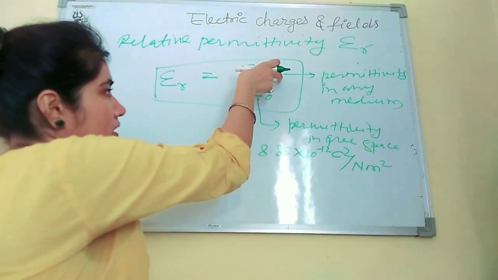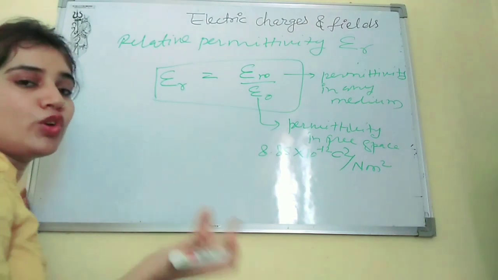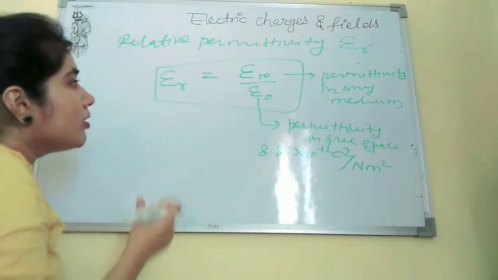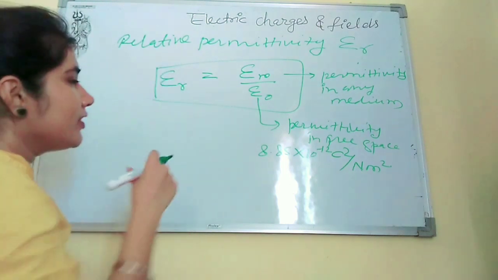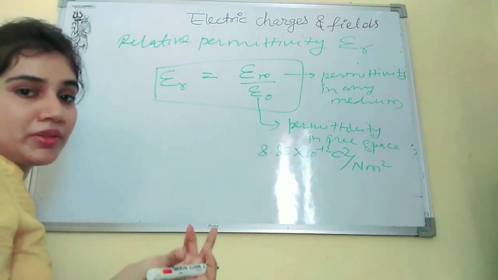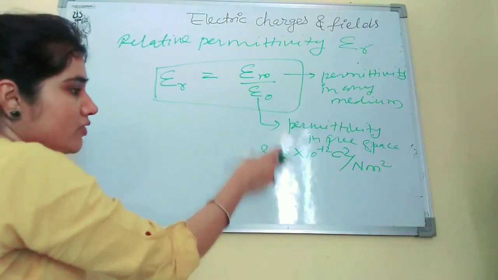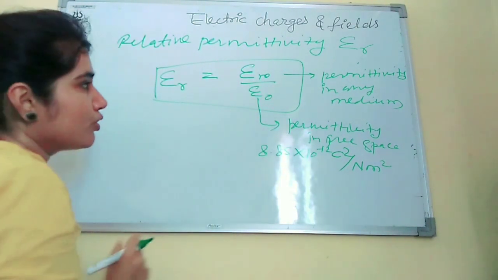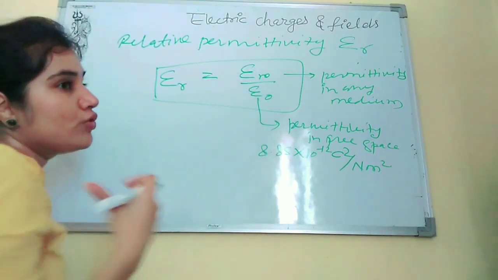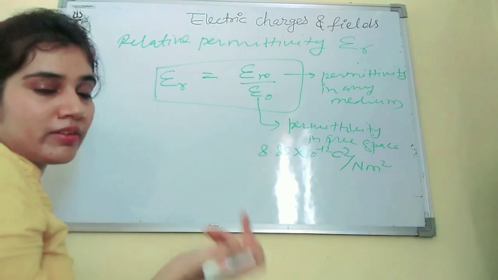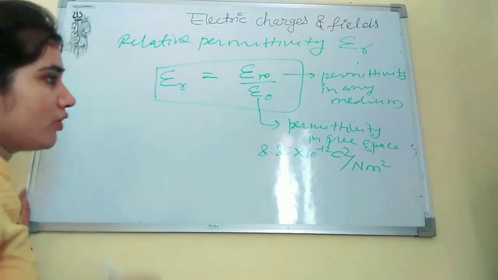Maybe they will mention the permittivity of glass or water, and they will tell you to find the relative permittivity. So you should remember this value, and by using this value and the value given in the question, you can directly find out the relative permittivity of any medium.